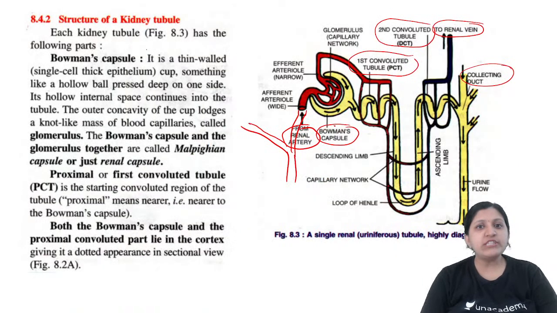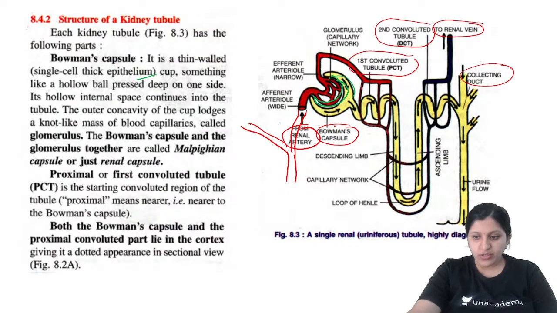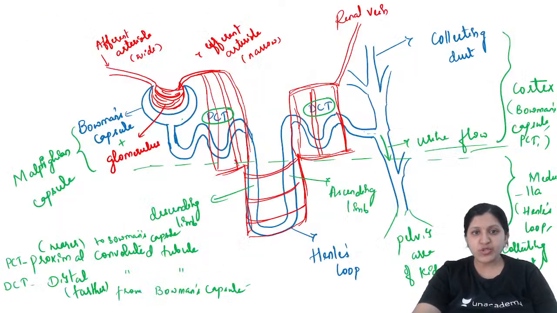Now each kidney tubule has the following parts. The Bowman's capsule is a thin-walled, single-cell-thick epithelium cup. It is actually cup shaped, something like a hollow ball. You can see it is somewhat cup shaped, and you can also draw it like that.